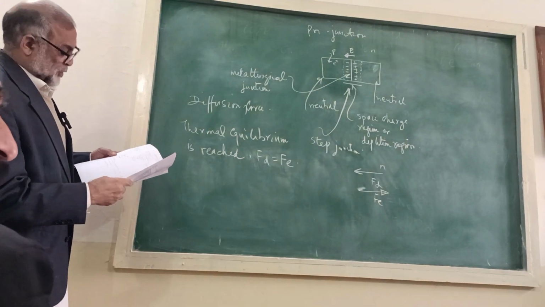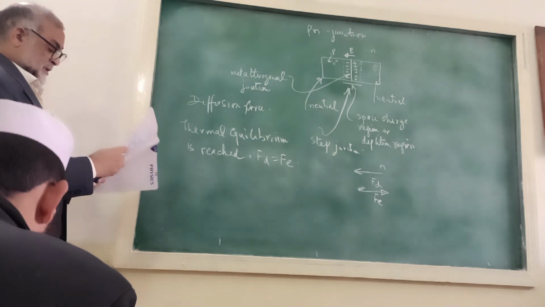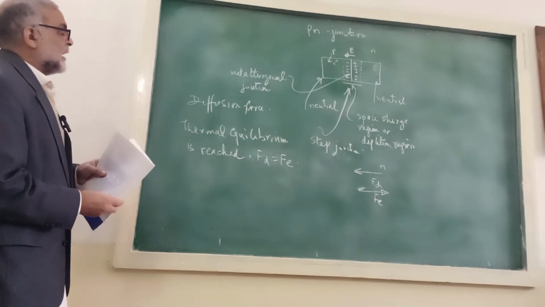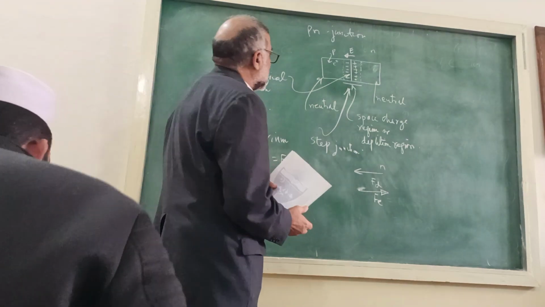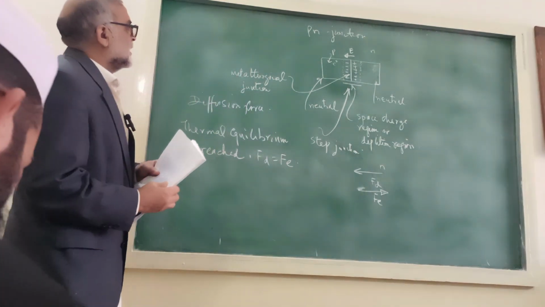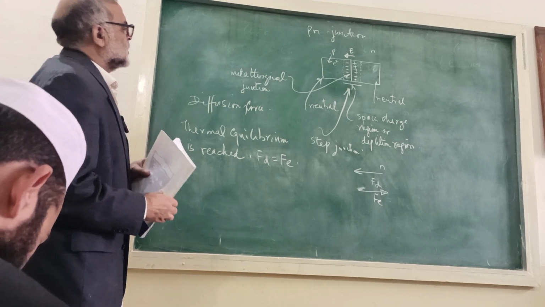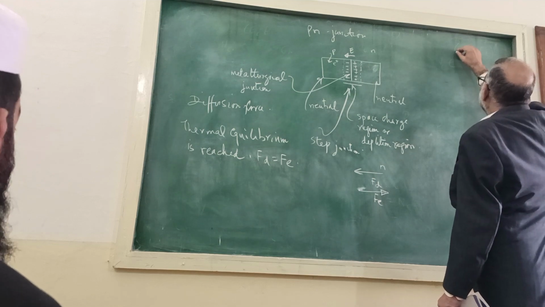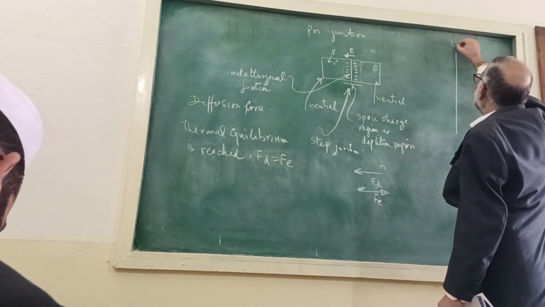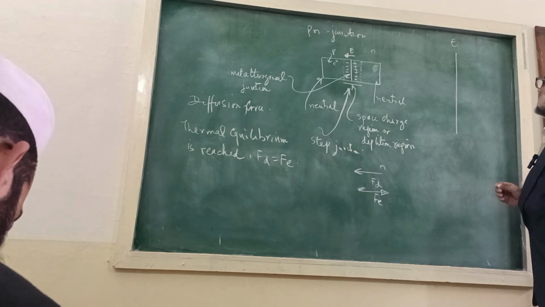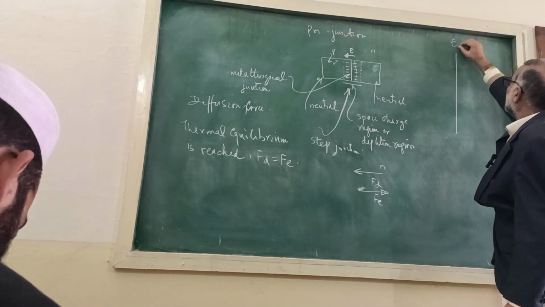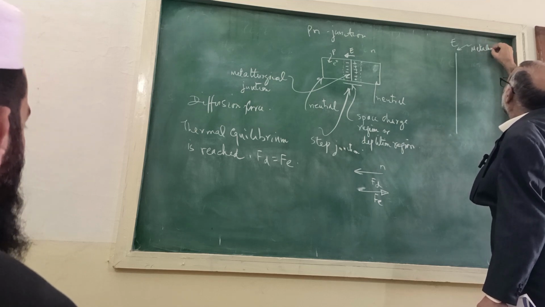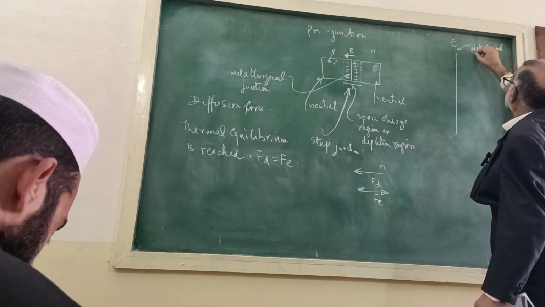Now, if we want to write the situation in the form of the energy band diagram, suppose this is the energy axis and this is the metallurgical junction.